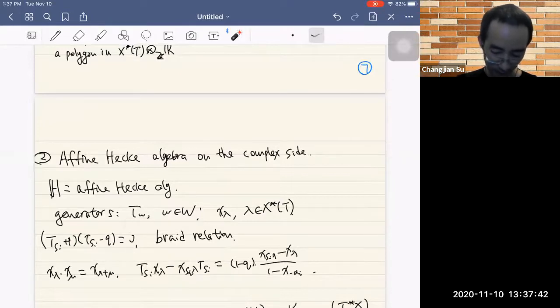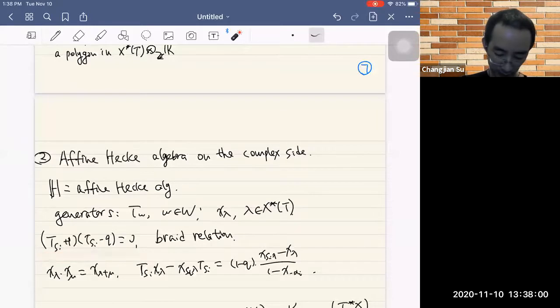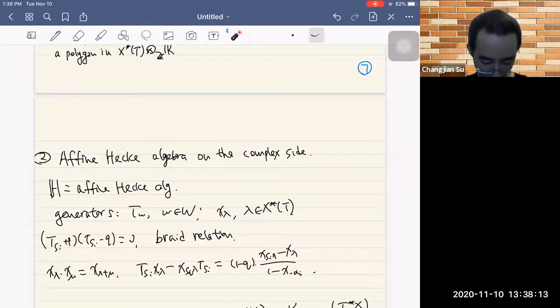W runs over the Weyl group elements, and X lambda runs through the character lattice. Then T_w will satisfy this quadratic relation and also the braid relation. Previously, in the cohomology case, this Q equals 1. These X lambda will generate the subalgebra isomorphic to the equivariant K-theory of a point, and the commutation relation between these two is given by this.